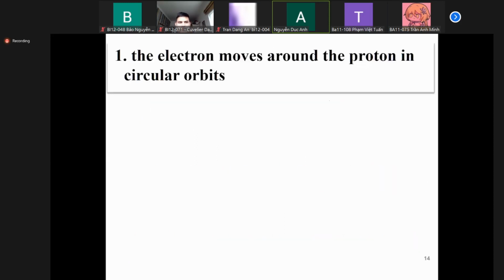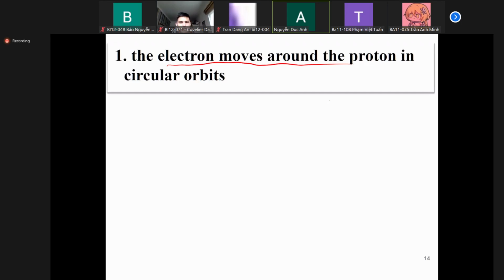So in the case of the light spectrum of hydrogen, Bohr relies on several assumptions. The first one, he considered that the electrons move around the proton in a circular orbit. What does this mean? It means that the electron will move in a sphere around the nucleus. Actually, in the very first stage, he considered the orbit to be a plane, and the electron moves around in circles.